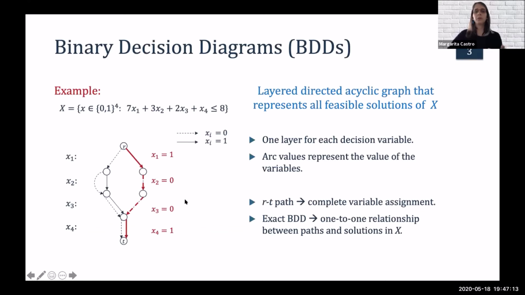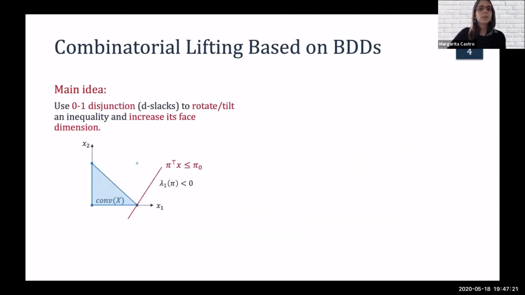Now I'm going to explain how we use this graphical structure for our combinatorial lifting and cutting plane procedure. For the combinatorial lifting, we mainly focus on 0-1 disjunctions to compute values that we call D-slags, or disjunctive slags. We use these values to rotate or tilt our inequality so we can increase its face dimension.